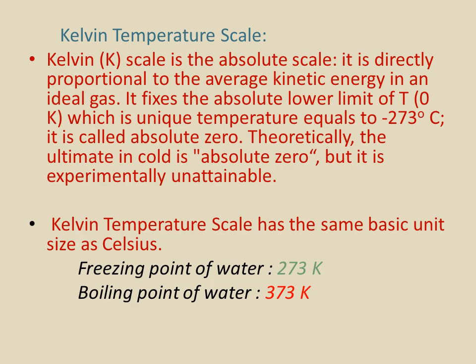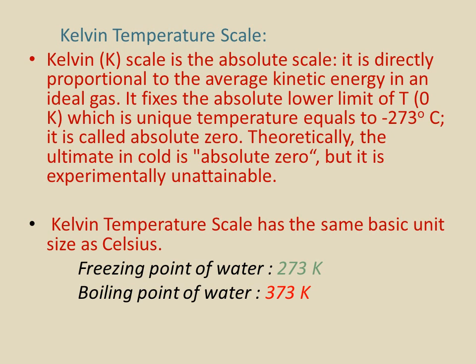Kelvin temperature scale. The Kelvin scale is the absolute scale. It is directly proportional to the average kinetic energy in an ideal gas. It fixes the absolute lower limit of 0 K, which is a unique temperature equal to minus 273 degrees Celsius. It's called absolute zero.